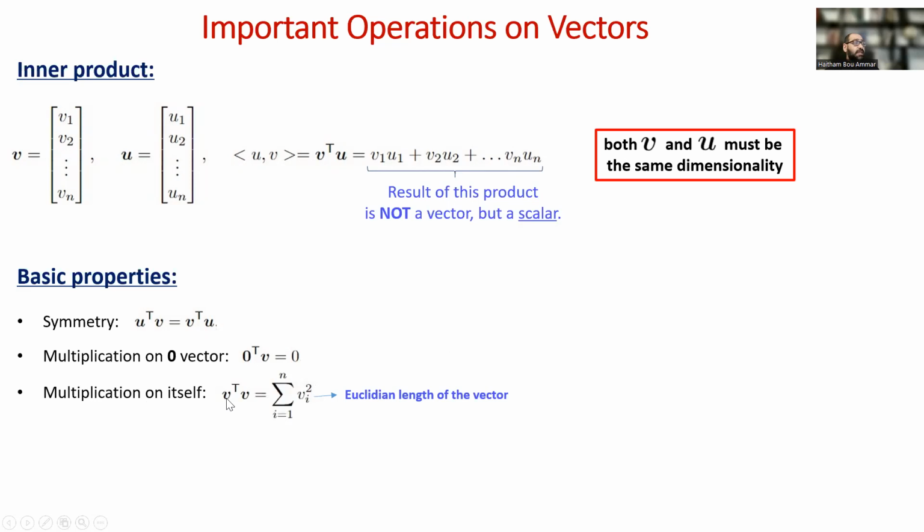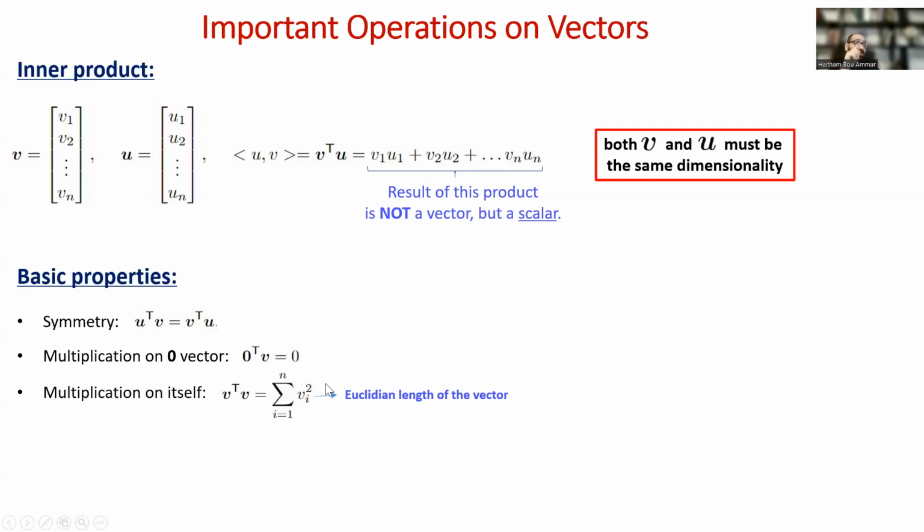And now if you take the vector and do the inner product with itself, what will happen? Imagine I was doing v inner product v. Then I will have v1 times v1, so that's v1 squared, plus v2 times v2, that's v2 squared, up to vn times vn, which is vn squared. So if you do the inner product of the vector with itself, you will get the sum of the components squared.